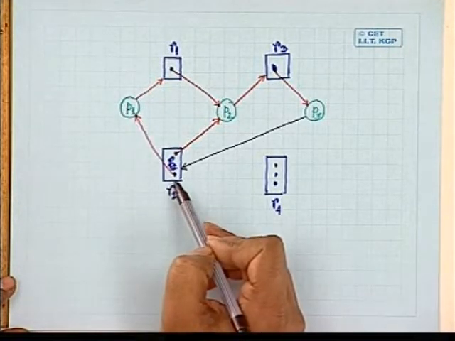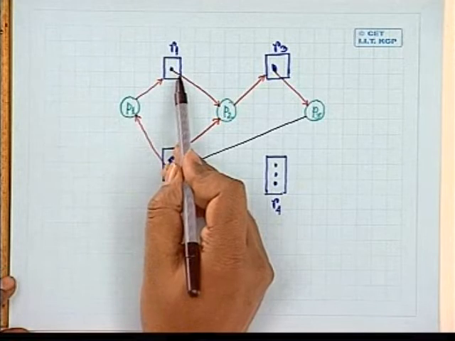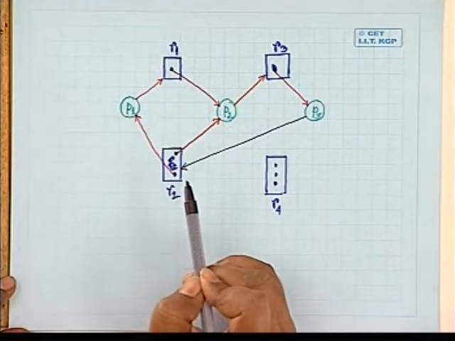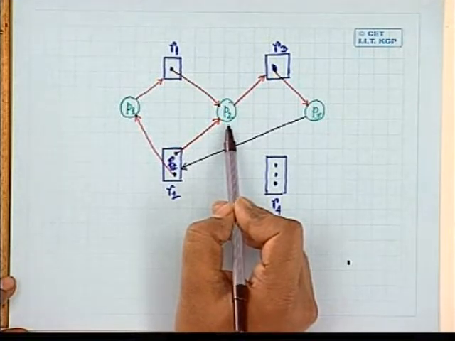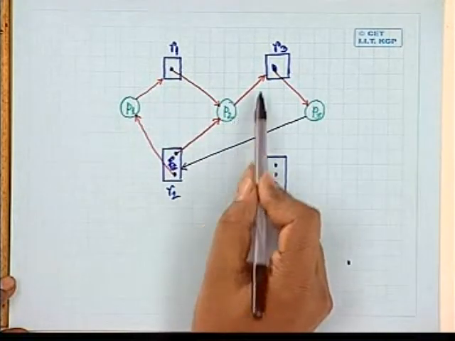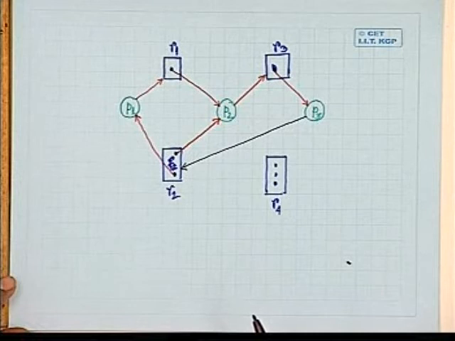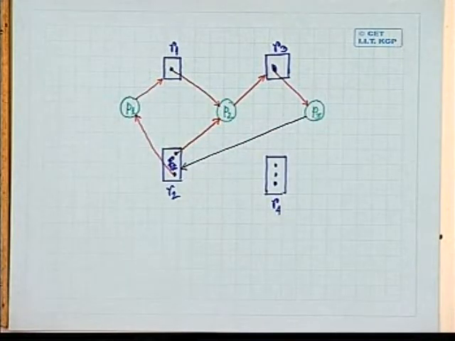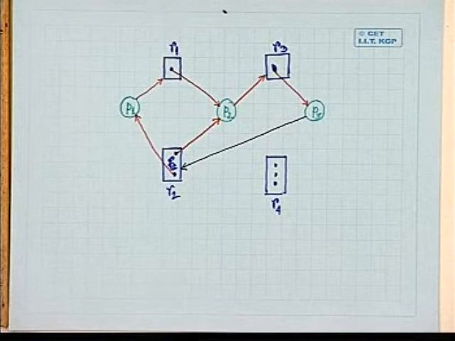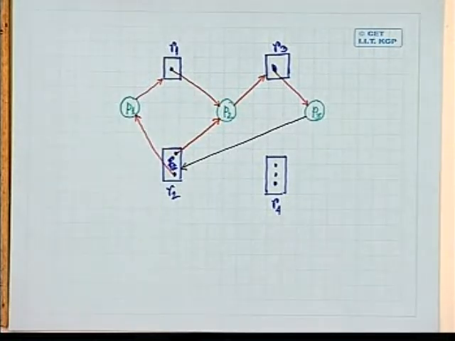P1 will release this resource only when P1 gets R1 and completes operation. R1 is currently allocated to P2. P2 will not release R1 until and unless it gets R3. Okay. So you find that we have a situation where every process is waiting for some resource which has to be released by some other process, and that in turn is waiting for some other resource to be released by the first process. So we have a perfect situation of deadlock.